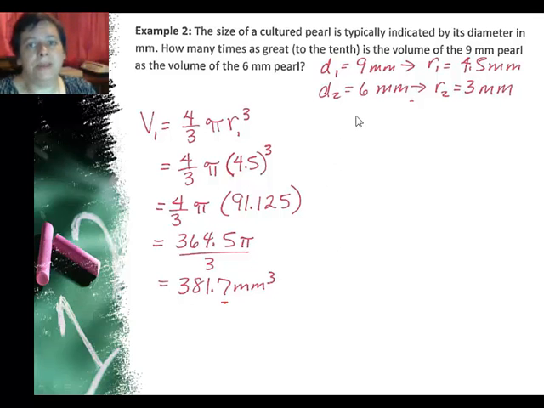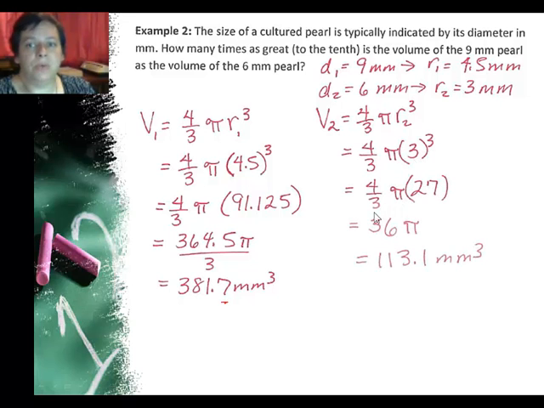Now I want to find the volume of the smaller pearl. Same process, I write down the formula, substitute in that radius and cube it. 3 cubed is 27. And by the way, these actually simplify. I can actually put a 9 here. And 4 times 9 is 36, so that's how I got 36 pi.